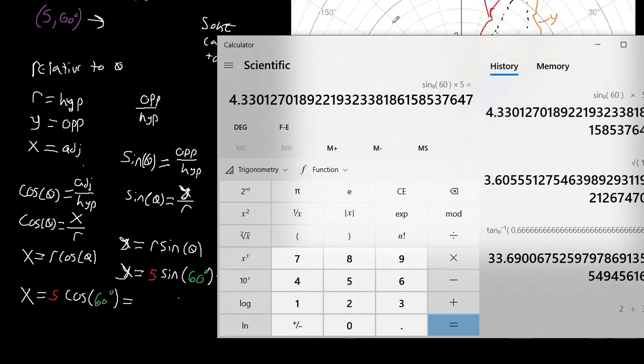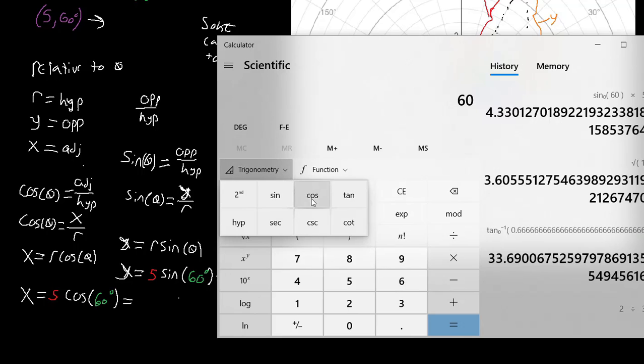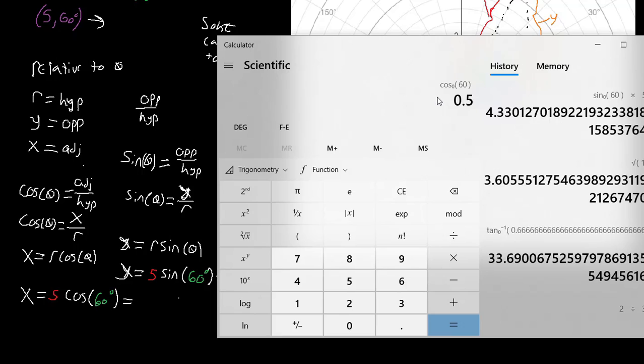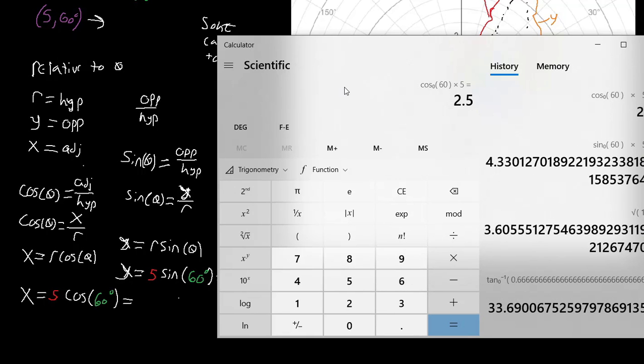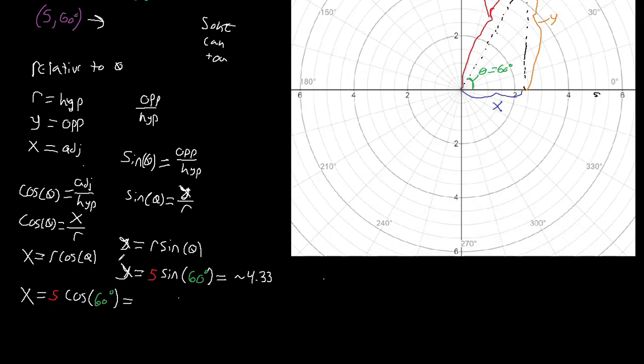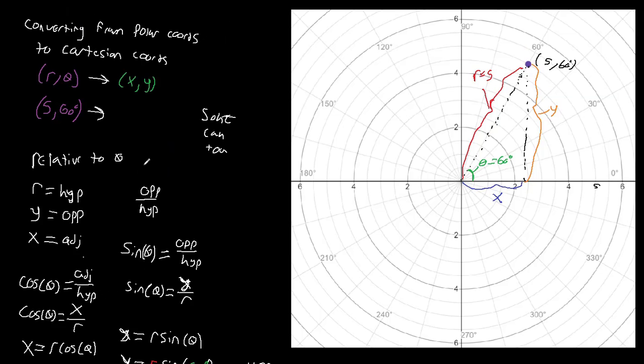Let's go ahead and pull up our calculator again. Let's clear the previous work that we did. So this time we're going to type in 60. Again, making sure we're still in degrees. Trigonometry, we're going to hit the cosine. So the cosine of 60 degrees is 0.5, times 5 is 2.5. So now our x in this case is going to be 2.5.